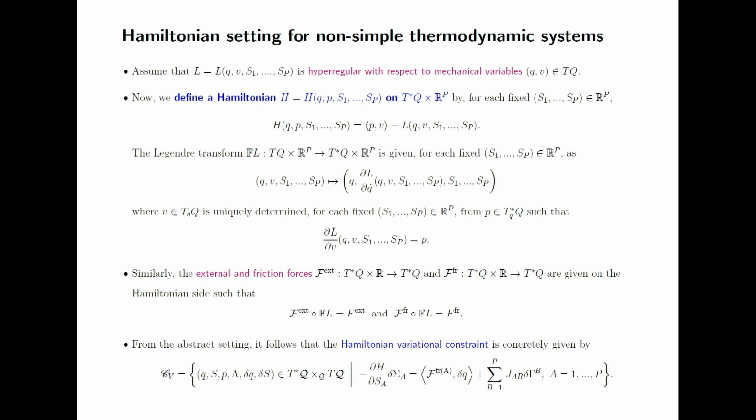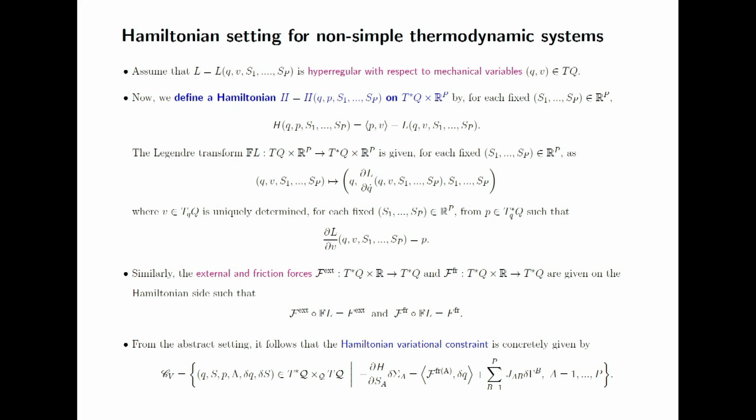Now let's consider how to apply the concrete setting for the non-simple thermodynamic system, because the Lagrangian is degenerate with respect to the thermodynamic variable. But here we just consider the special class in which the given Lagrangian is hyperregular with respect to mechanical variables. So we assume this.